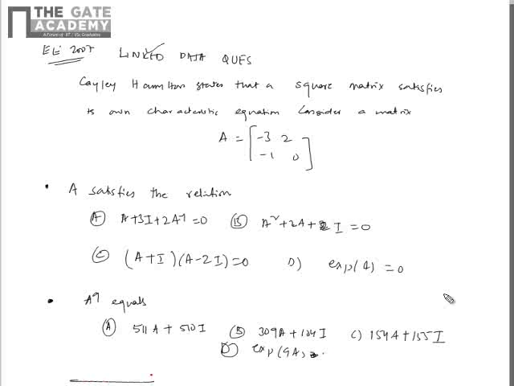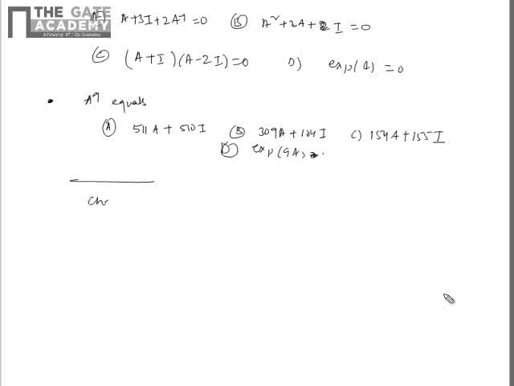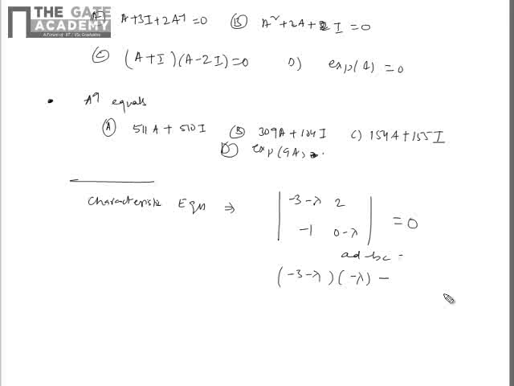So now I need to find out, first, the characteristic equation of the matrix, which is the determinant of [-3 minus lambda, 2; -1, 0 minus lambda] equal to 0. This will give (-3 minus lambda) into (minus lambda), and this is just like AD minus BC is equal to 0.